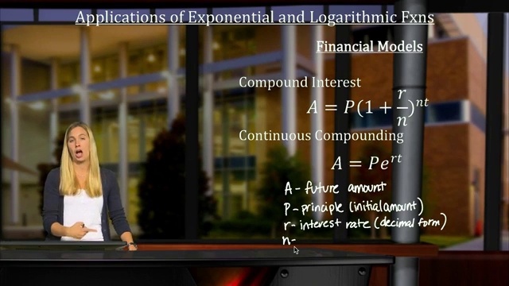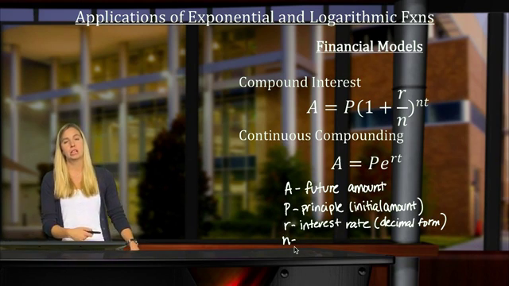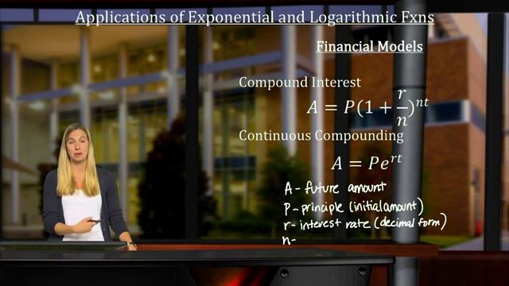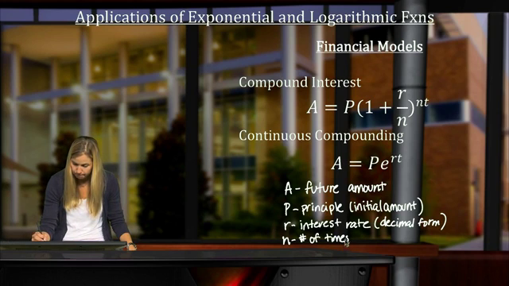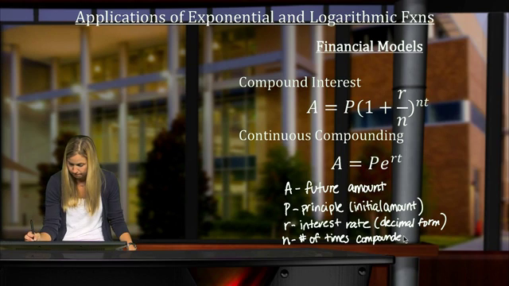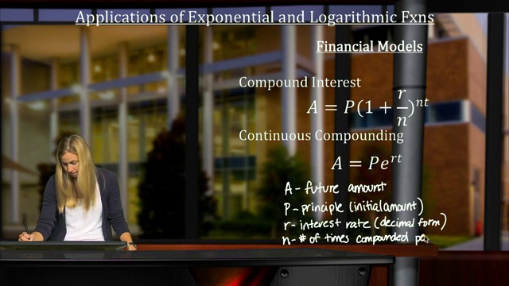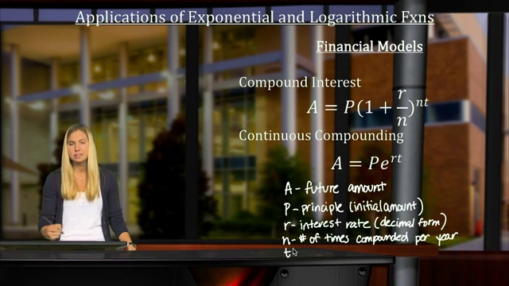N, in just our compound interest formula, relates to the number of times that account's going to be compounded per year. And T is our time.